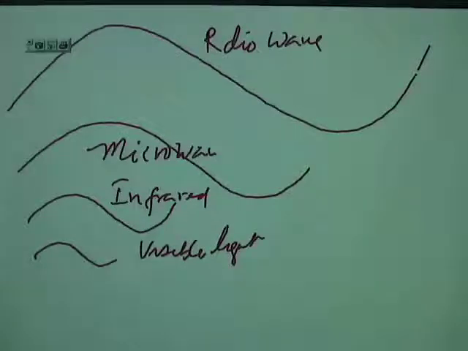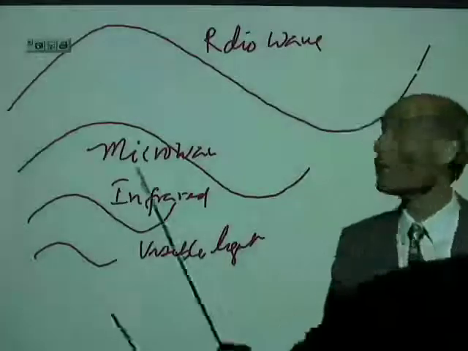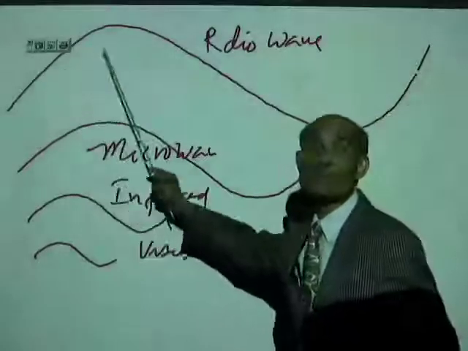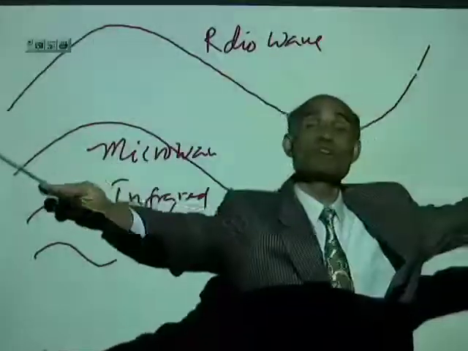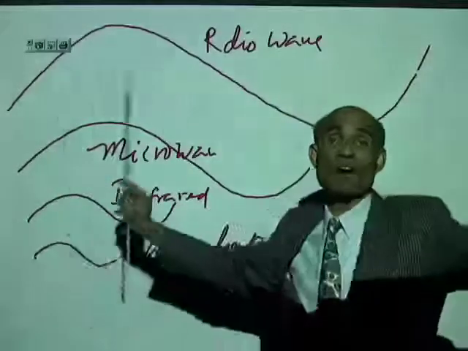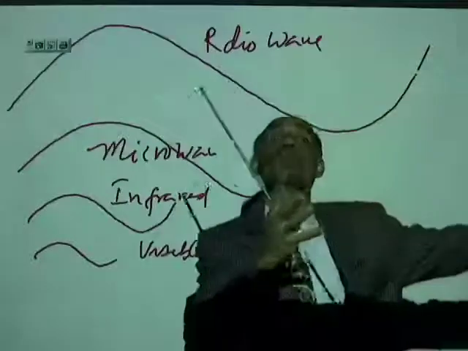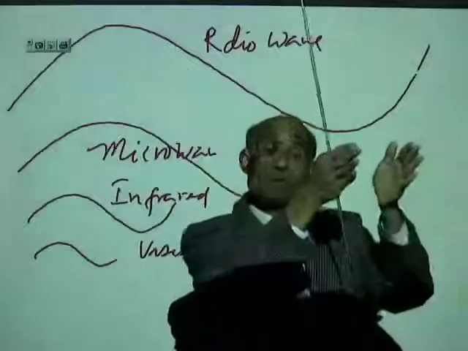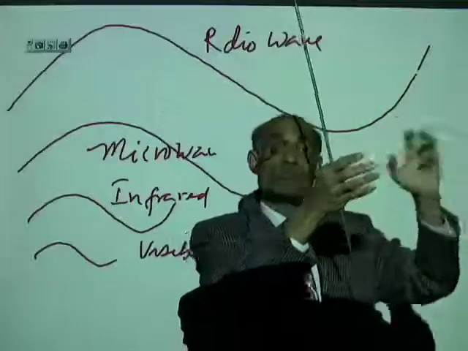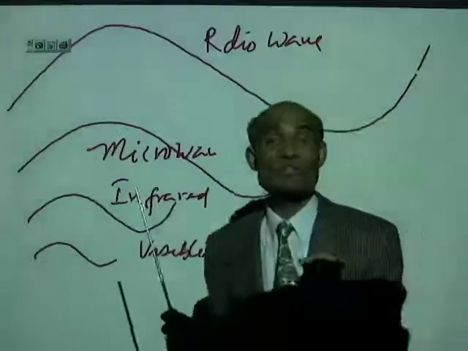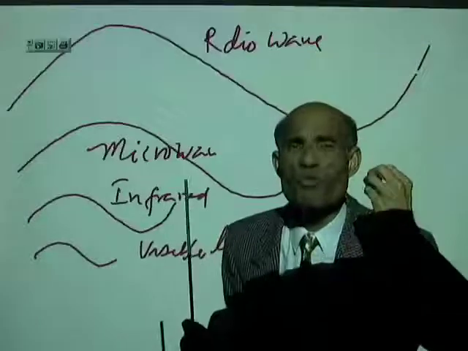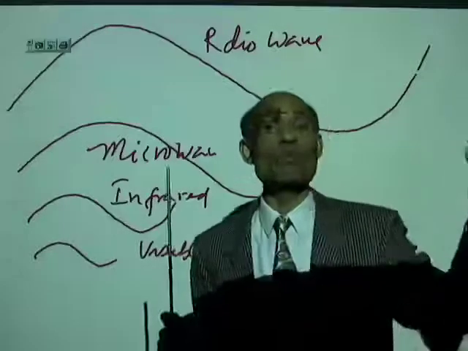Now, don't get confused here. When I draw these diagrams, don't think that you have only one type of radio wave. There are hundreds of thousands of different radio waves, long and short. We group them all together and call them radio waves. In the same way, visible light consists of about 4,000 different waves.